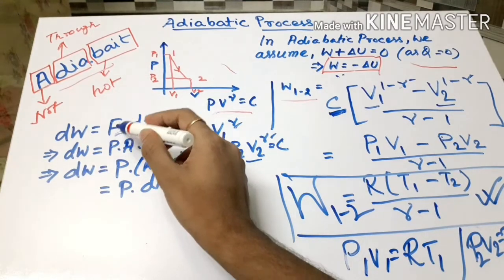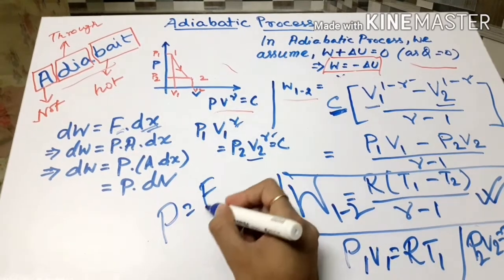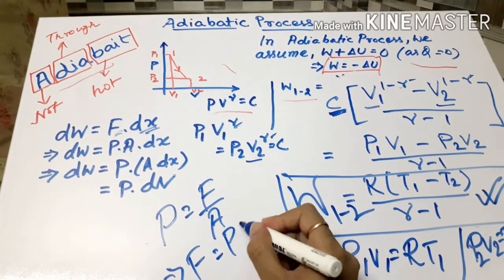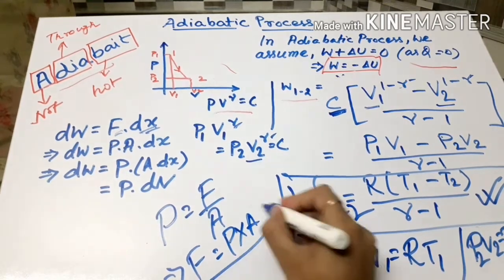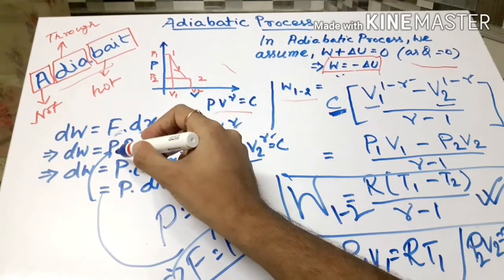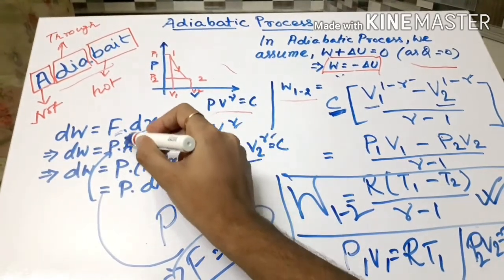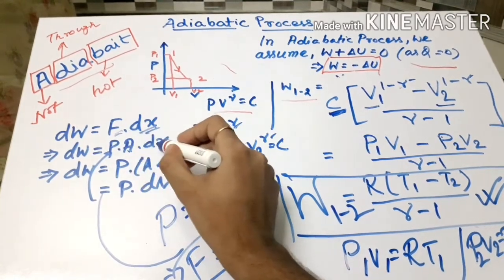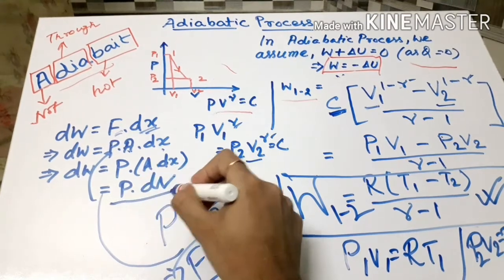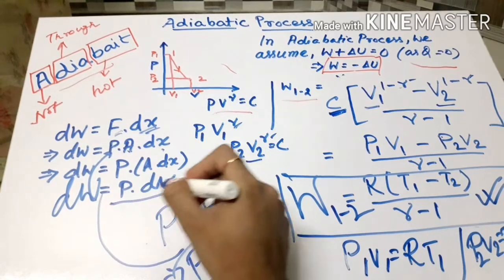Now pressure is equal to F by A, so F is equal to pressure into area. Replacing this, we get pressure into area into dx. Multiplying area and dx gives the change in volume, dV. In this way, for work done, we get the P dV value.